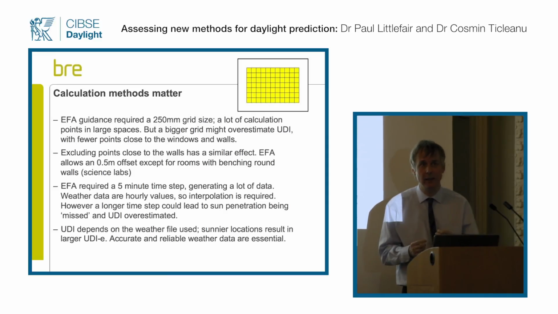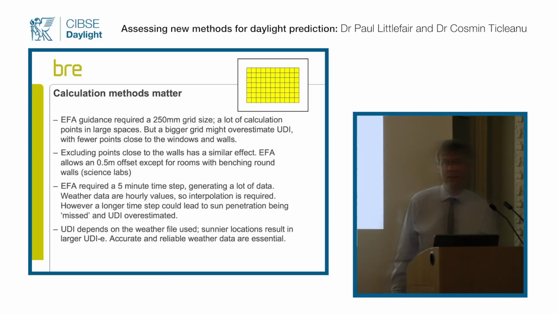While I've been speaking, the sun has been bobbing up and down. You can't see it because you're all focused on me. But I can see the back of the room has been getting alternately brighter and darker. And of course, that's all averaged out in this hourly irradiance or illuminance you calculate for UDI.